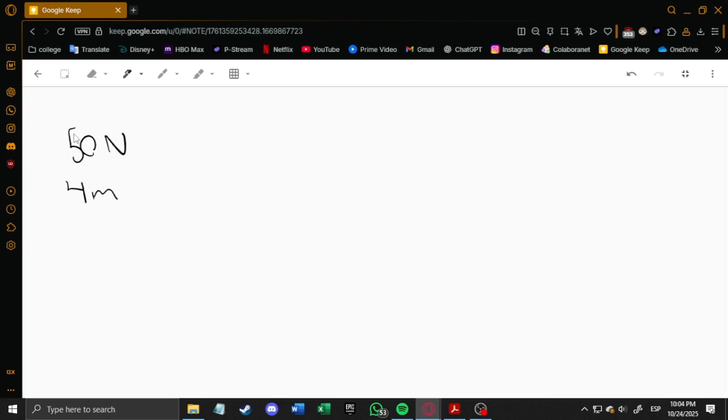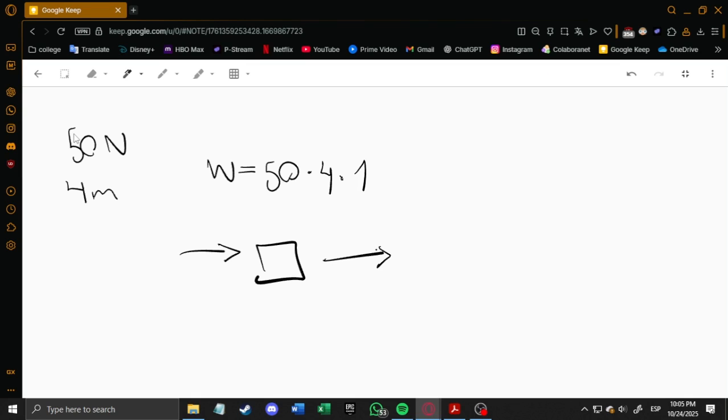So the work formula is force times distance times the cosine of theta, which is because it is in the same direction, the theta angle is 0, and the cosine of 0 is 1. So 50 times 4 times 1 is 200, and work is measured in joules.